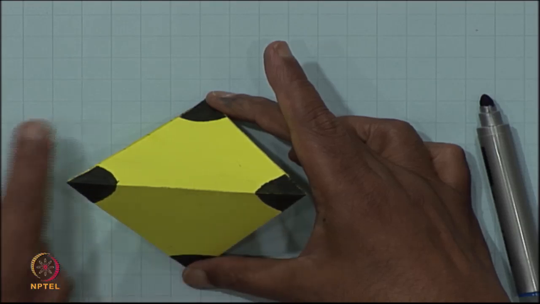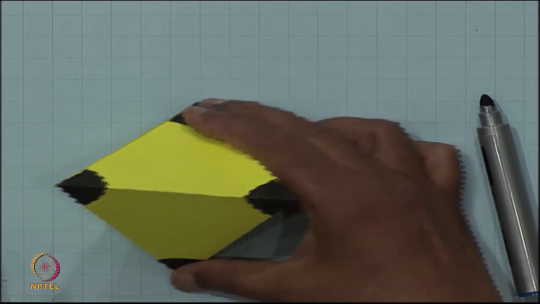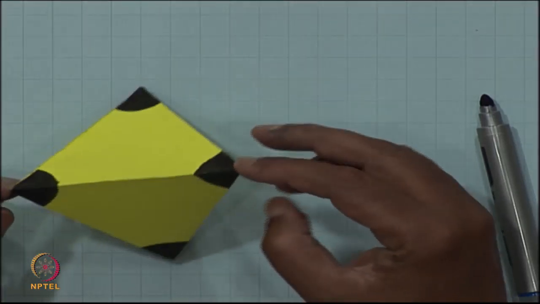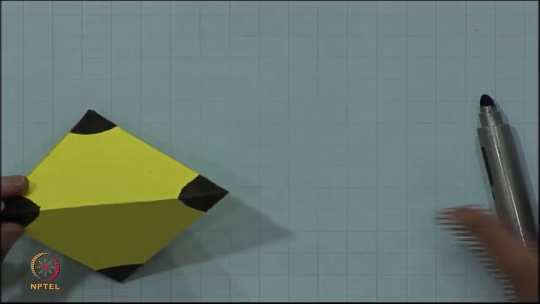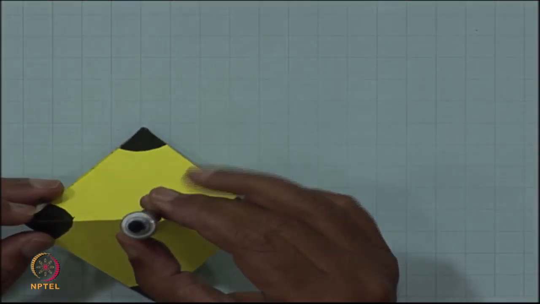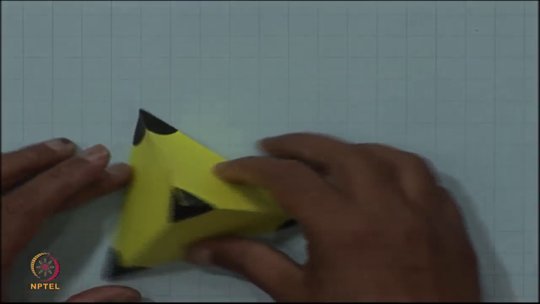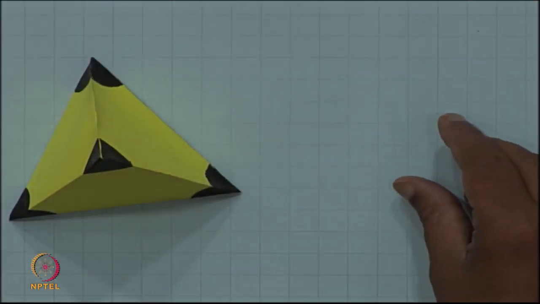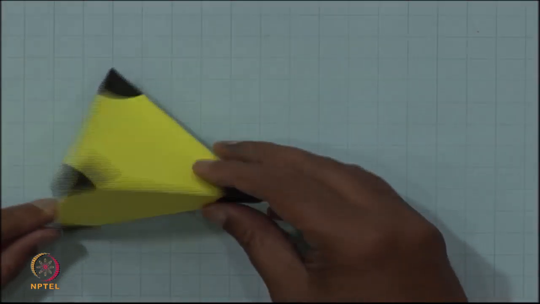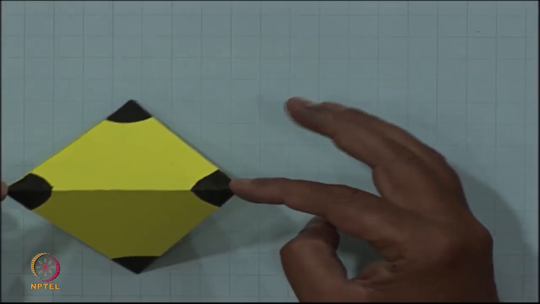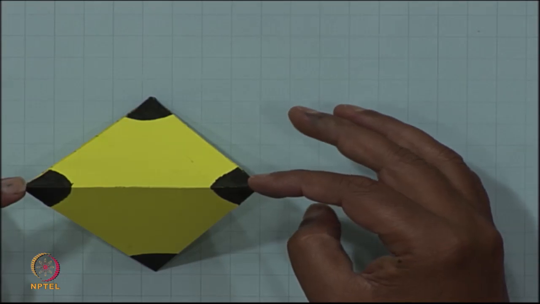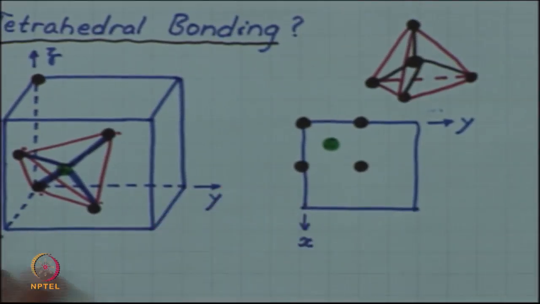So, the 2 lines are at 90 degrees to each other. So, this is another way of looking at the tetrahedron. In this case, the vertical axis is a two-fold axis. So, you can orient the tetrahedron either with a three-fold vertical, or with a two-fold vertical in this way.